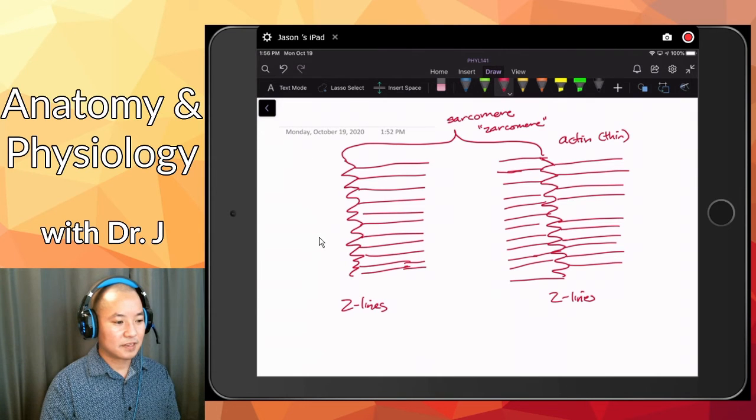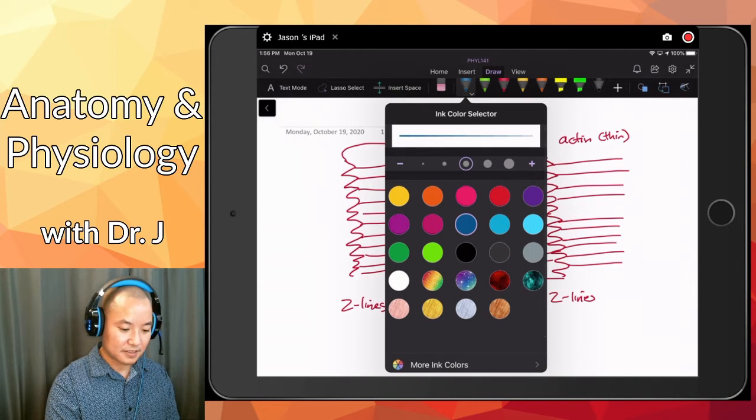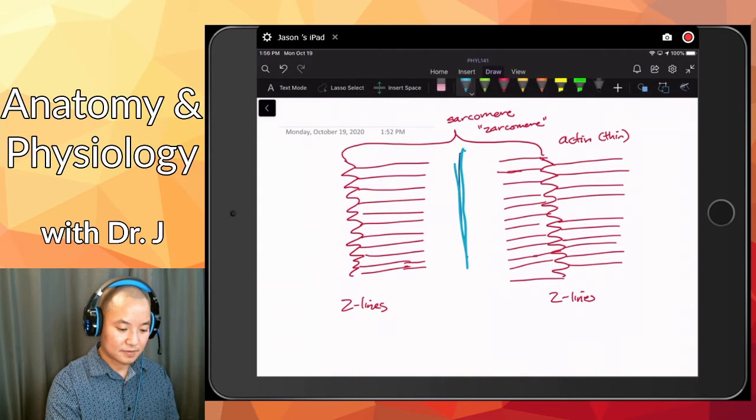Okay, and then what are we going to draw here? So you have all those thin filaments and you also have the thick filaments. Let's draw the thick filaments a little more thick. So you have those really, really thick filaments.